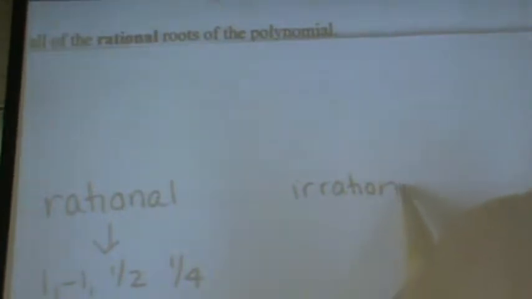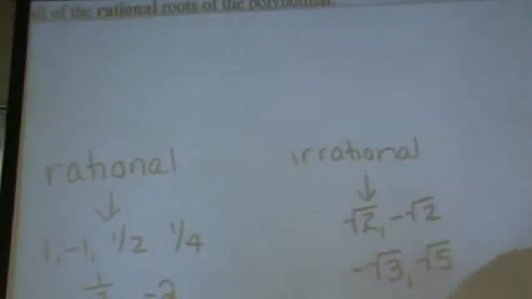What are the irrational ones? Pi. But more like square root of 2, negative square root of 2, negative square root of 3, square root of 5. These are the ones that if you were to convert to a decimal, it would be a non-repeating, non-terminating decimal. It's one of those weird ones that keep going, they fill the calculator screen.